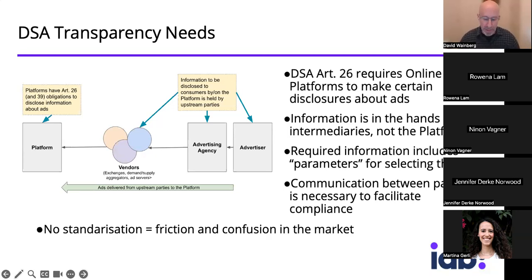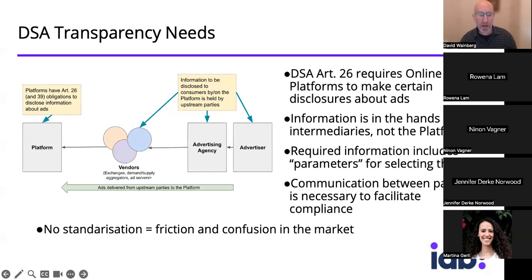Given that problem and the very networked, interdependent, dynamic and organic nature of the ads ecosystem, it was clear that things could get really confusing if we didn't have some standardization around how that information is collected, compiled, pulled together, and delivered to the platform or to somebody so that it could be disclosed at the time and place where it needs to be disclosed.